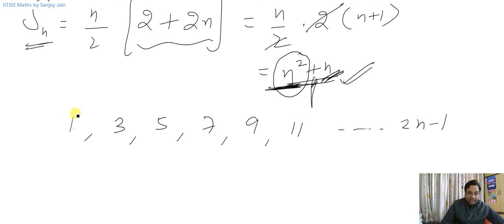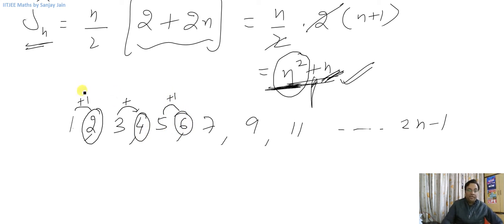Now to get an even natural number, I'll have to add 1 here and I'll get the first even natural number, which is 2. To get my second even natural number, that is 4, I'll have to add 1 to this 3. And if I add 1 to this 5, I'll get my third even natural number, that is 6. So I have to add 1 here, here, and here to obtain this set of first n even natural numbers.